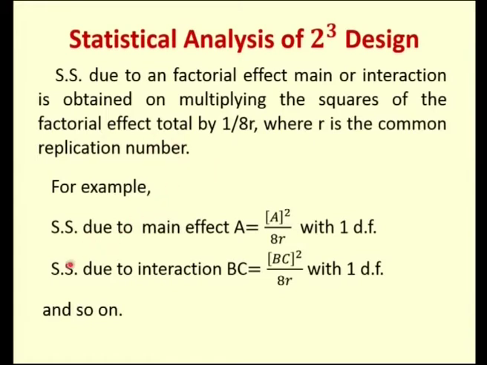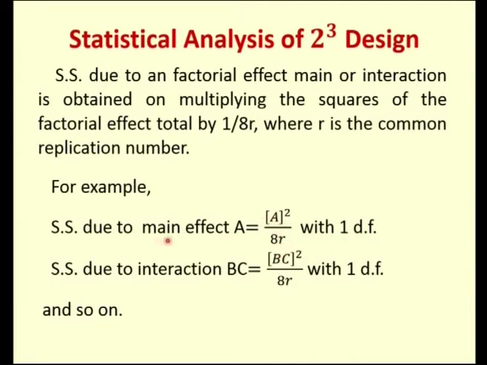So, for example, the sum of squares due to main effect A is equal to the factorial total, which is denoted by A within square brackets, squared, divided by 8r, and it will have 1 degree of freedom.